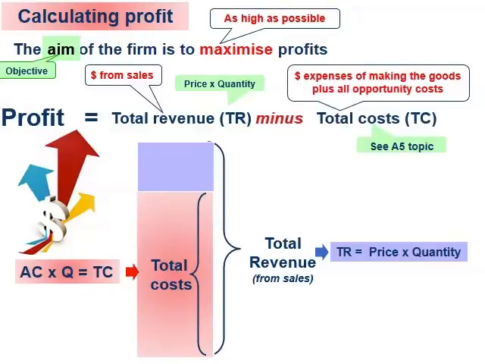You can see in the rectangles below that in this example, total cost is less than total revenue, and so there would be positive profit, which, as you'll find out, is called supernormal profit because it's above zero. Remember, total cost is calculated by multiplying average cost times quantity, and total revenue is price times quantity.